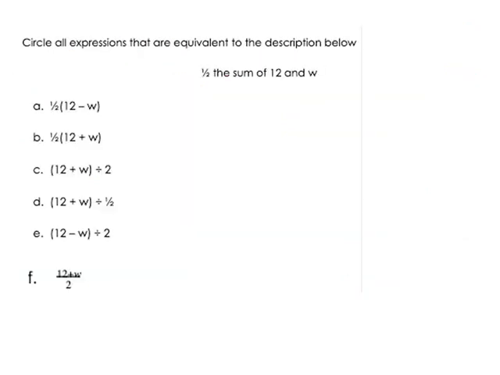Okay, teammates. Now we're going to use all of the knowledge that we gained in practice in that first problem to now use our skill of eliminating answers in a multiple choice question. So this example says circle all expressions. Okay, so all, meaning it might not just be one correct answer, there could be multiple, that are equivalent to the description below.